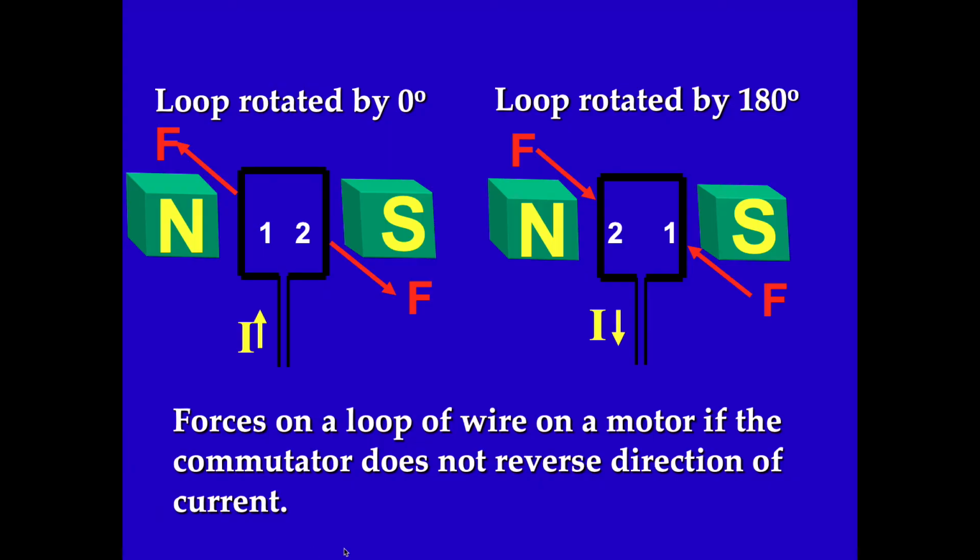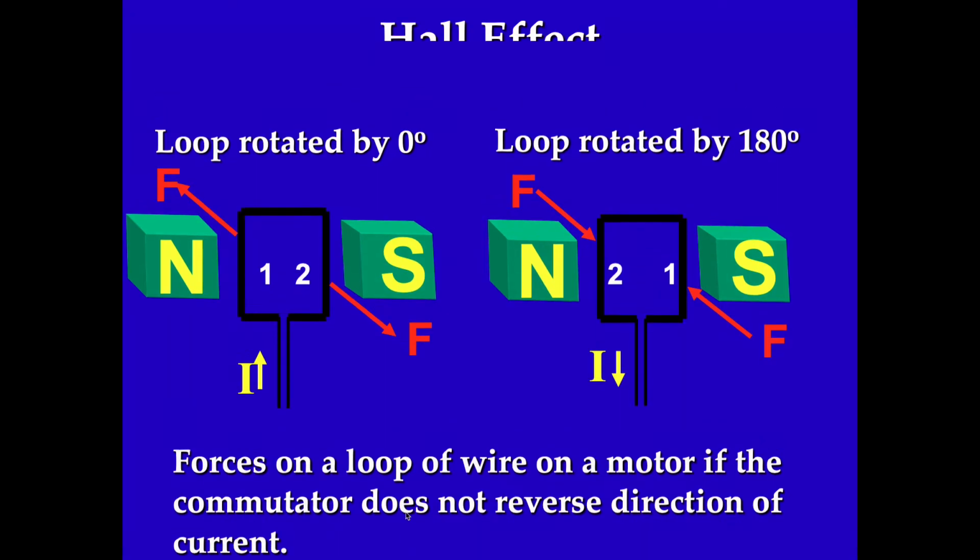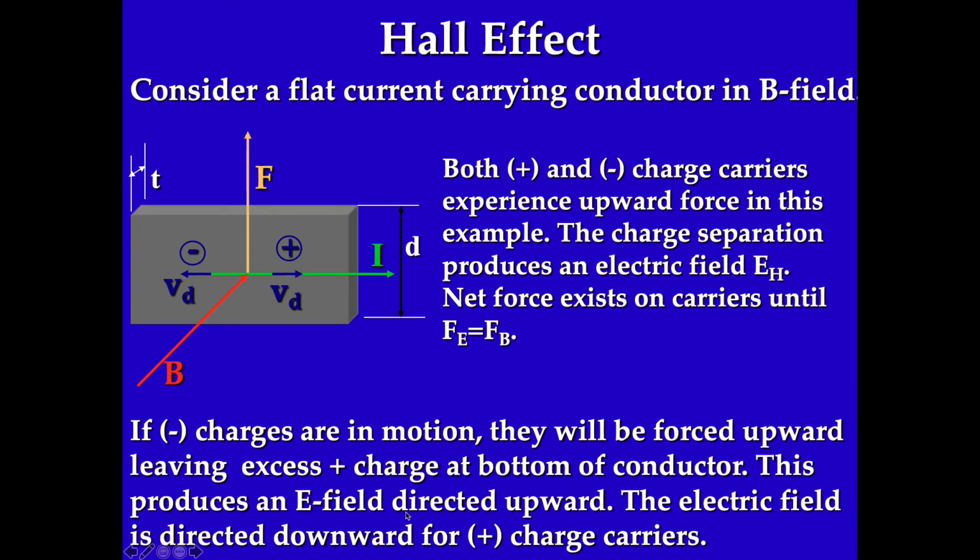So there's one more topic I want to talk about. It's the Hall effect. So imagine we have a flat conductor in the magnetic field, like you see in the picture, the gray thing in the picture.